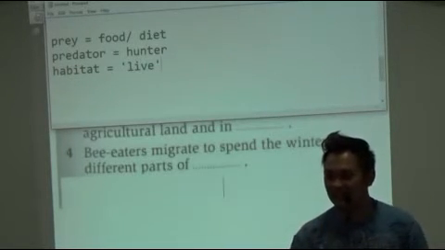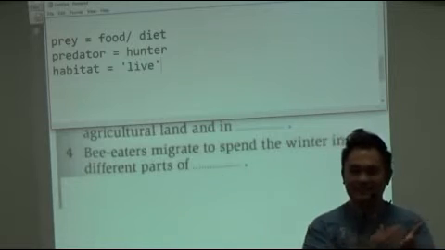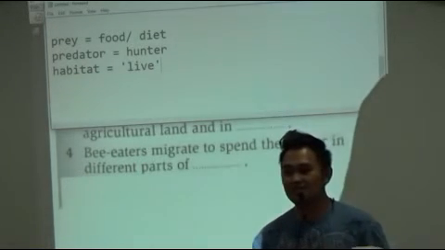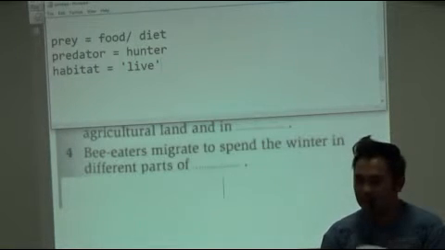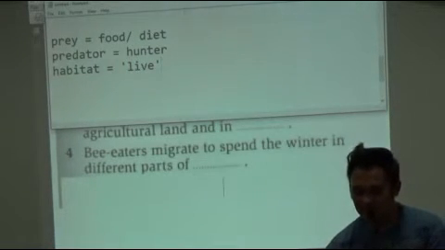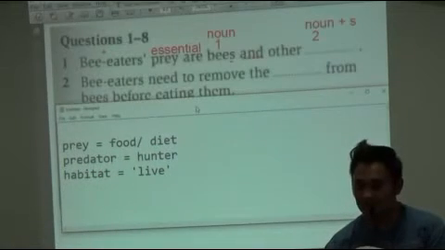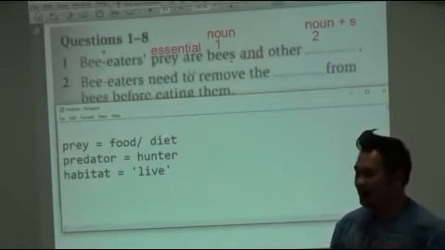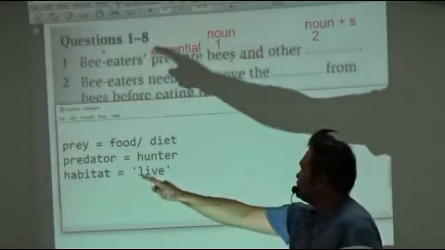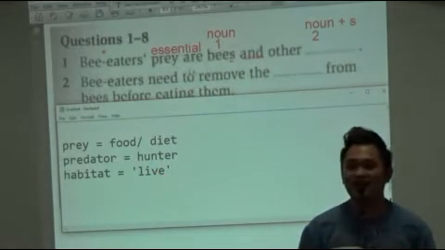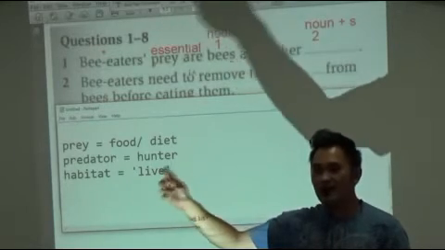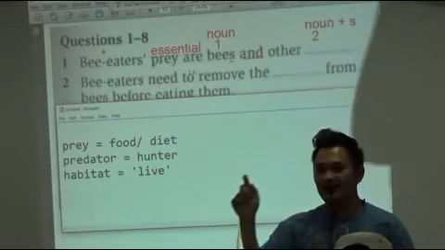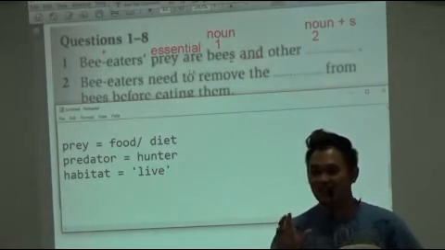Find that later in your notes and think, oh yeah, I remember that. Scan and organize your notebooks later. Okay? Alright, so we have an important word here, the word prey. Can you find some words? Okay, everybody say prey. Bees. I'll give you about 10 seconds to find that.